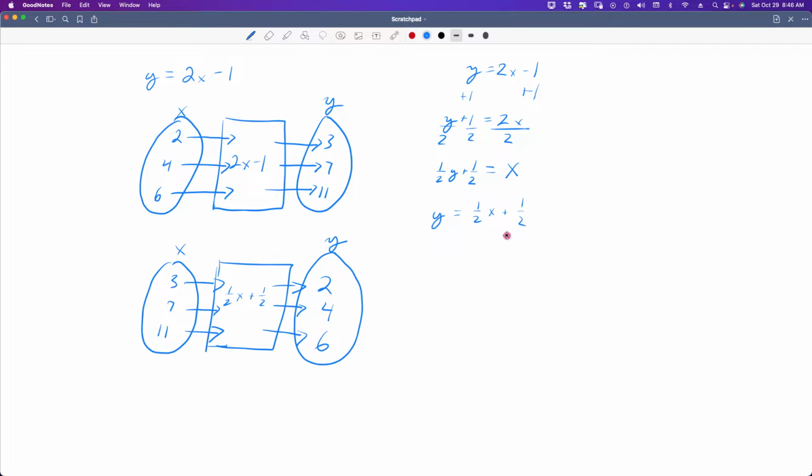So let's look at the rules for this. The steps, I should say. One, we would solve the original equation for x.